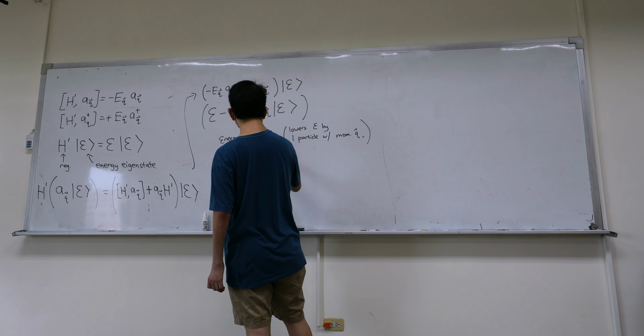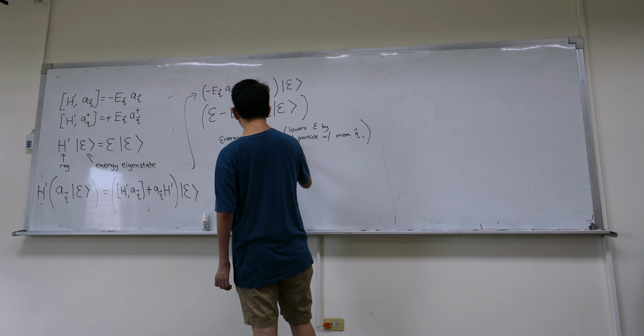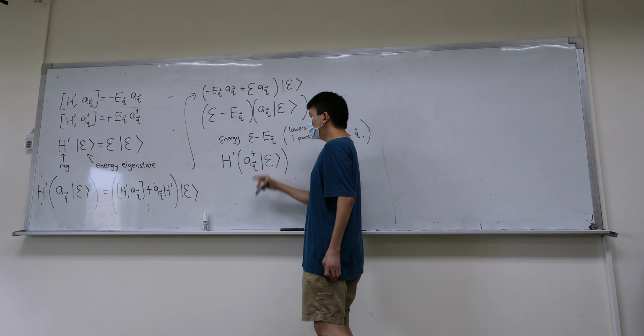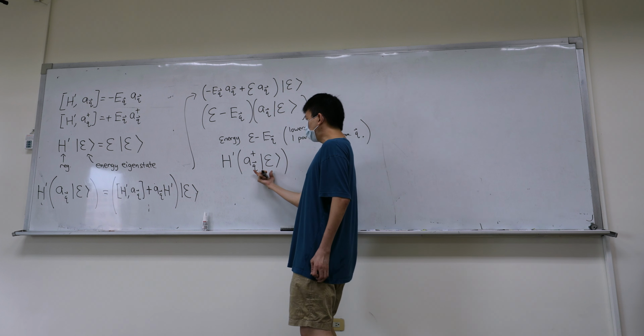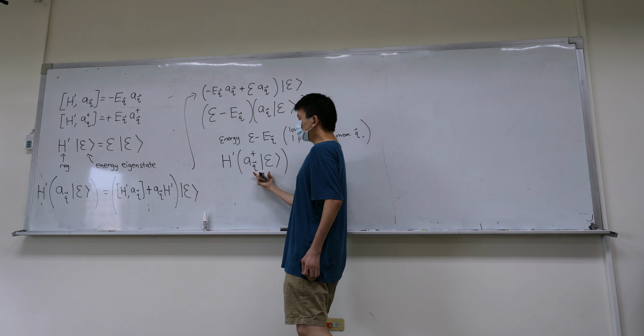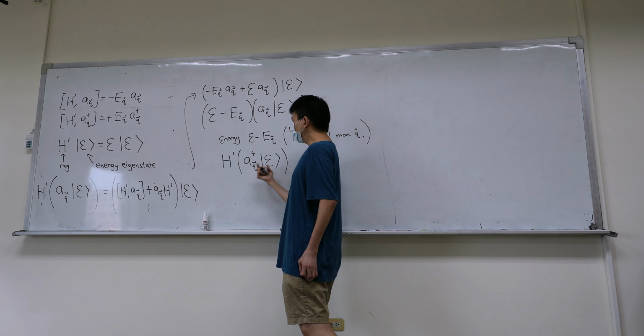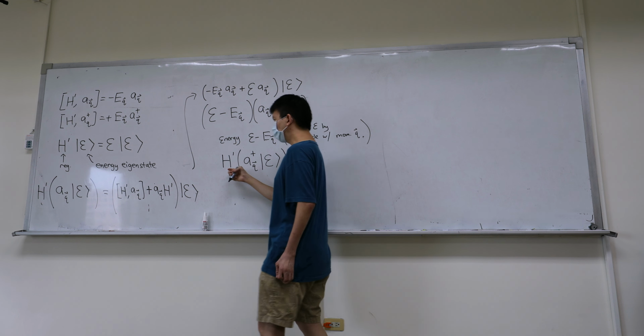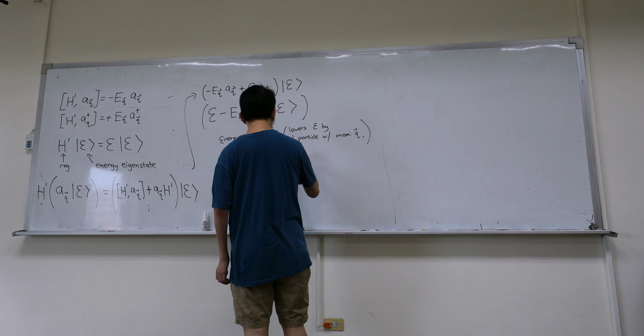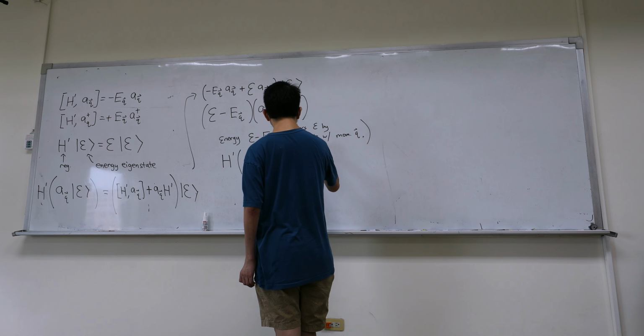And then let's now do a similar calculation, but for A dagger. Right? So again, this state I claim is an energy eigenstate. How do I check? I now apply my regularized Hamiltonian to it, and again use the same trick.